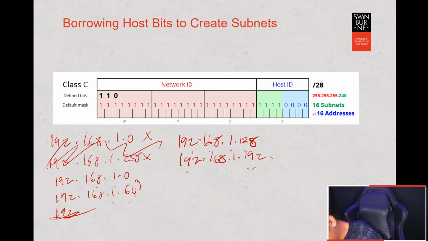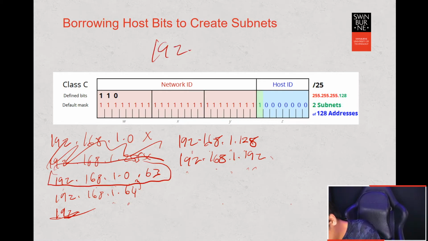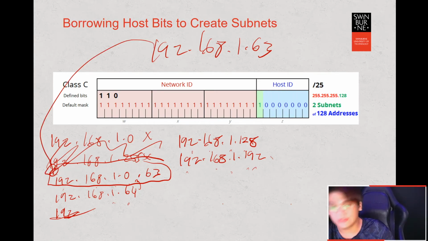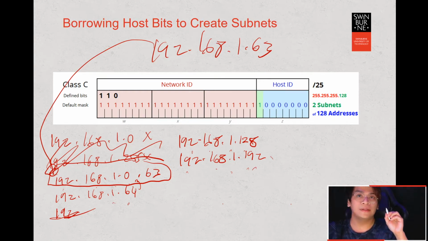These subnet addresses cannot be used for hosts, and also the address before each of them. 192.168.1.63 cannot be used as a host address as well, because this is the broadcast address for the 192.168.1.0 subnet.